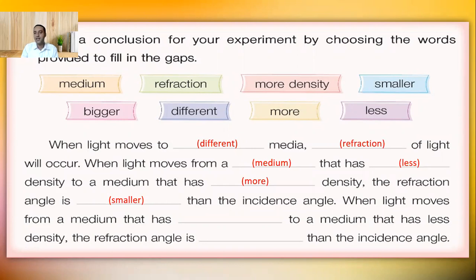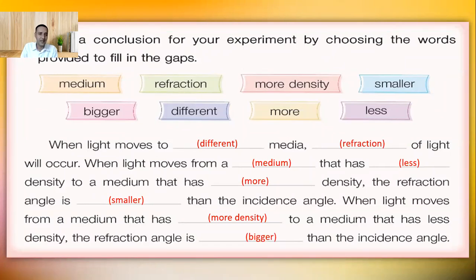All right, when light moves from a medium that has, what are we going to put? More density. When light moves from a medium that has more density to a medium that has less density, the refraction angle will be smaller or bigger? Bigger. That's the correct answer.